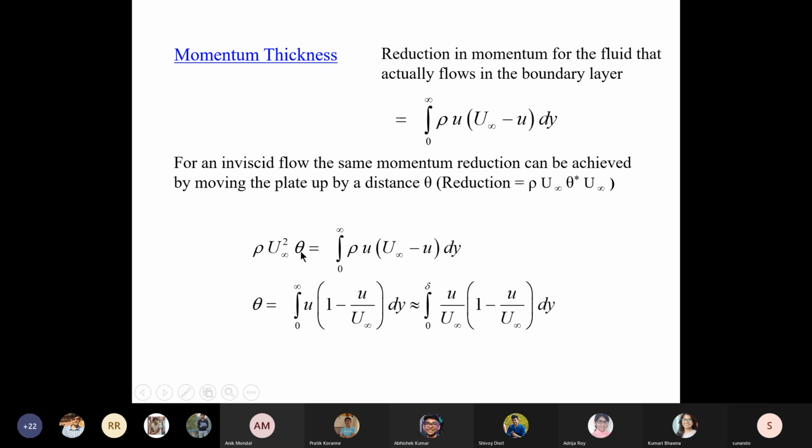So if we equate these two, we get the expression for theta star, as there is another u missing here. So u infinity is missing here. Please change this. I will do that.